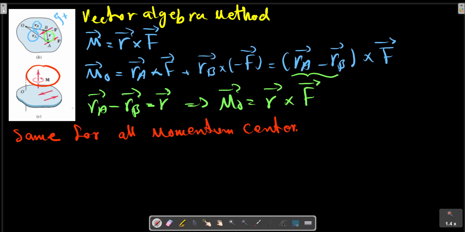Because the couple vector M is always perpendicular to the plane of the forces which constitute the couple, in two-dimensional analysis we can represent the couple vector as clockwise or counterclockwise by one of the convention pictures shown.